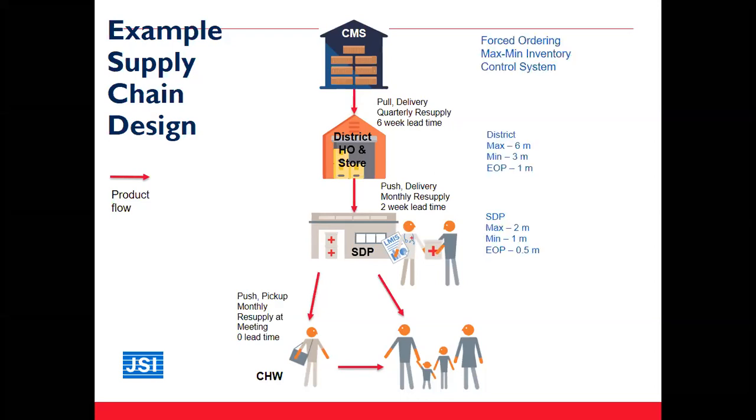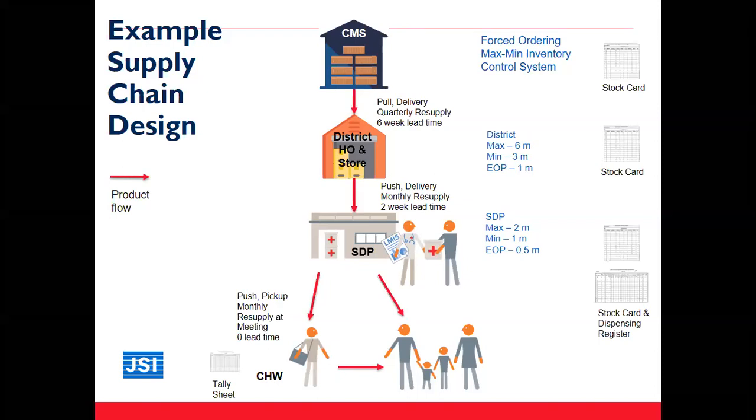In addition, another aspect that was designed during a design workshop would be the inventory control system. So based on these decisions of frequency and lead times, the determination in the workshop would possibly be a forced ordering maximum system, and then these would be the maximum and minimum stock levels that are designed in the workshop.